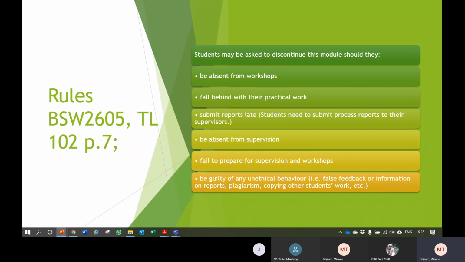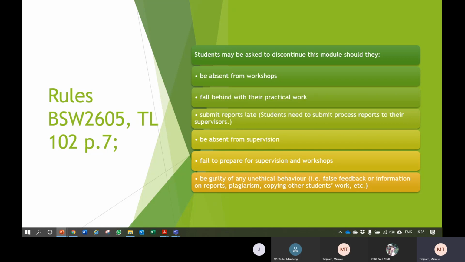And that has serious implications for the students doing their degree. Therefore, these are the rules. And because not only your reputation, but the reputation of your department and the reputation of the university is at stake, these rules are usually non-negotiable.